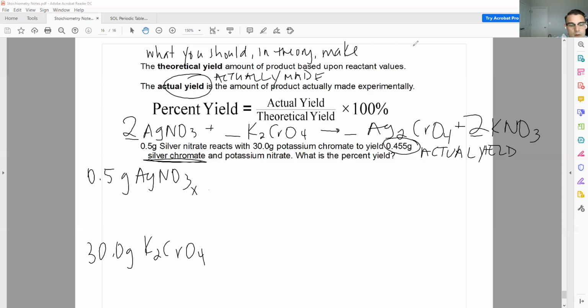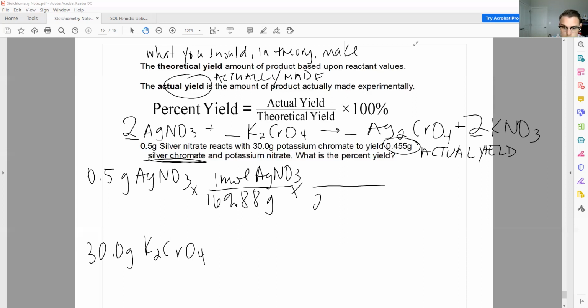Okay. So 1 mole silver nitrate, that's going to be 169.88 grams.